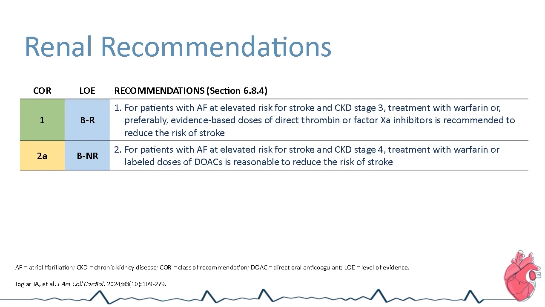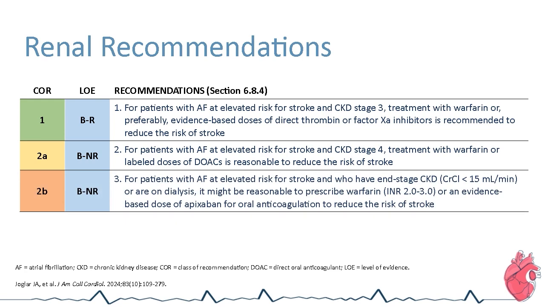We're often using a dose-reduced dose of the DOACs in those patients to reduce the risk of stroke. And of course, where we have the least amount of data is really patients who have end-stage renal disease, those with a creatinine clearance less than 15 or on dialysis. We don't have any randomized controlled trials to inform our decision about anticoagulation in these patients.